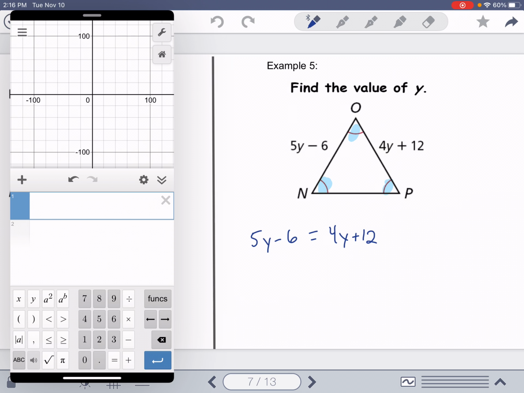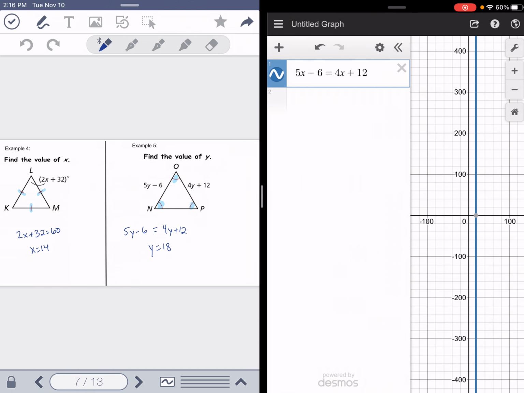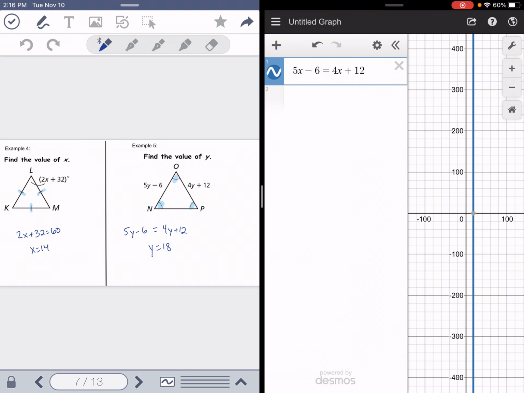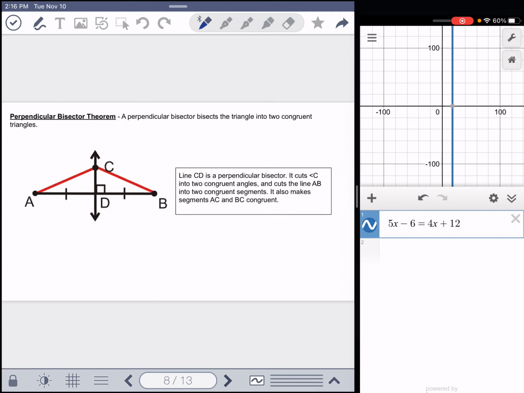What am I going to get this time? Remember always to type in x. X is 18, so that means y is 18, and that's exactly what I was looking for. There we go. Next problem.